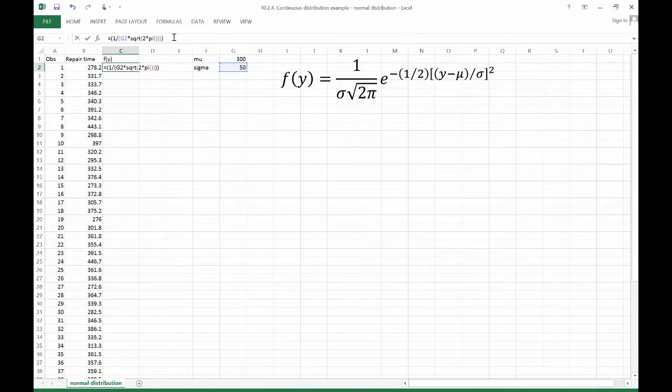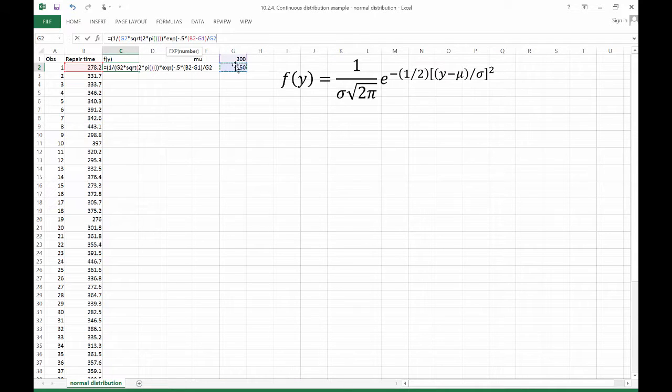Now we're going to multiply that by the exponential function. That's going to be negative 0.5, negative 1/2, times y, our first observation here, minus mu, divided by sigma.